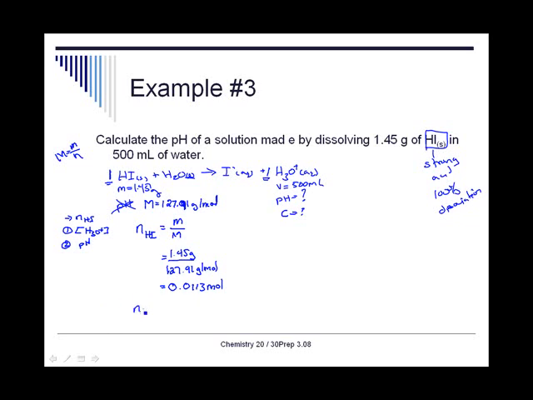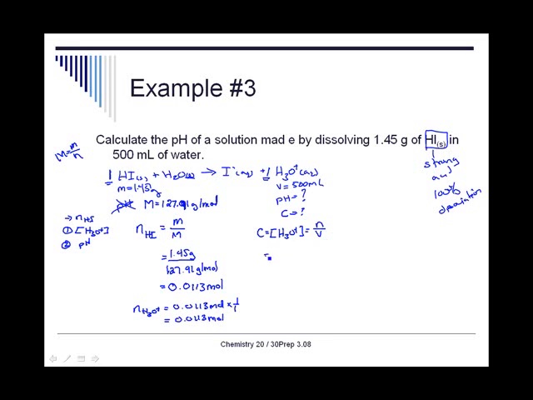So the number of moles of hydronium ions is our 0.0113 moles times our mole ratio of 1 to 1. So the number of moles doesn't change, but it's nice to write that mole ratio down so that we don't forget to use it. And so from that we can find the concentration of H3O ions, which is equal to n over V, our concentration formula.